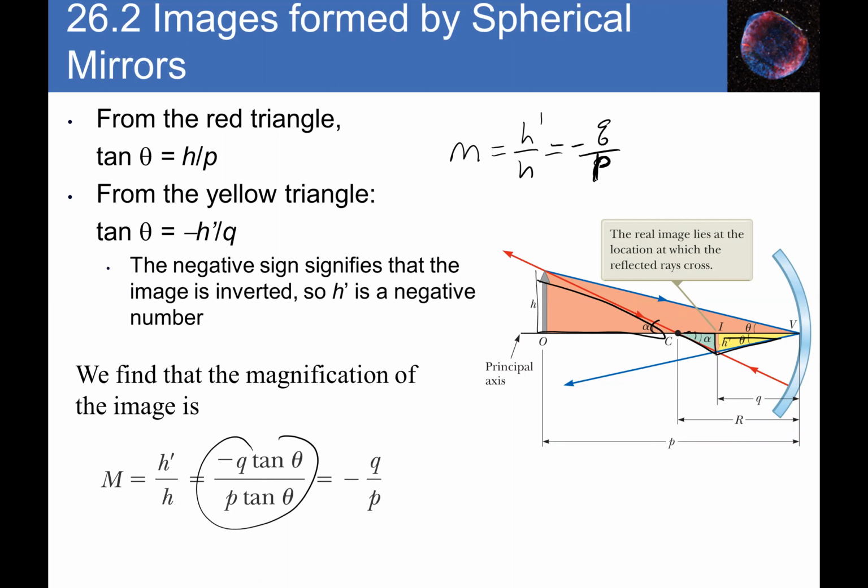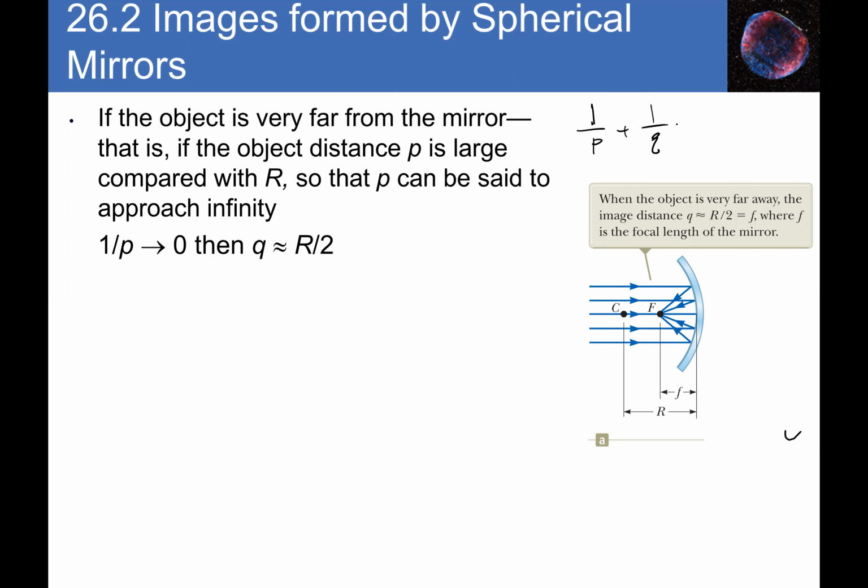All right, so here's one case we can consider for the concave mirror. Where is the image, and what type of image will we see if we take the object to be really far away? Remember the equation, 1 over p plus 1 over q equals 2 over r.